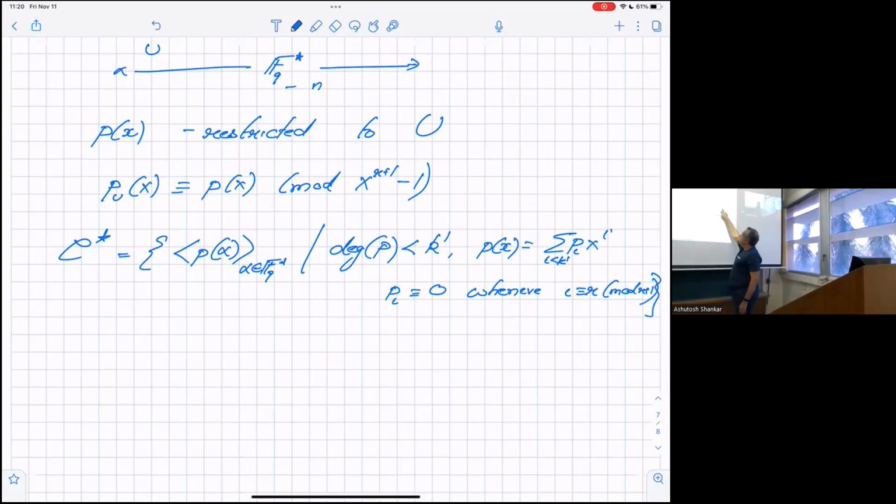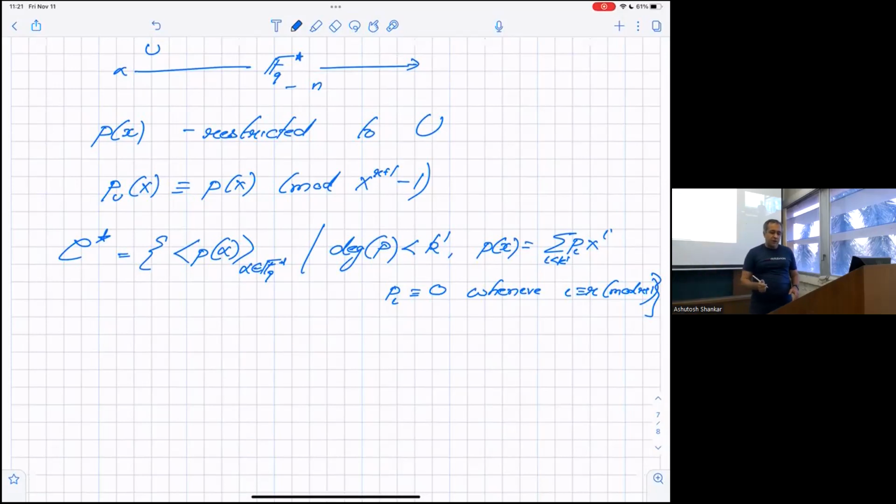Whenever i is R, that's when it contributes to the R power, so all those will be set to 0. Now when you do the reduction, you ensure that P_U(X) will always be of the desired form. So this will be the subcode of the Reed-Solomon code that we pick.